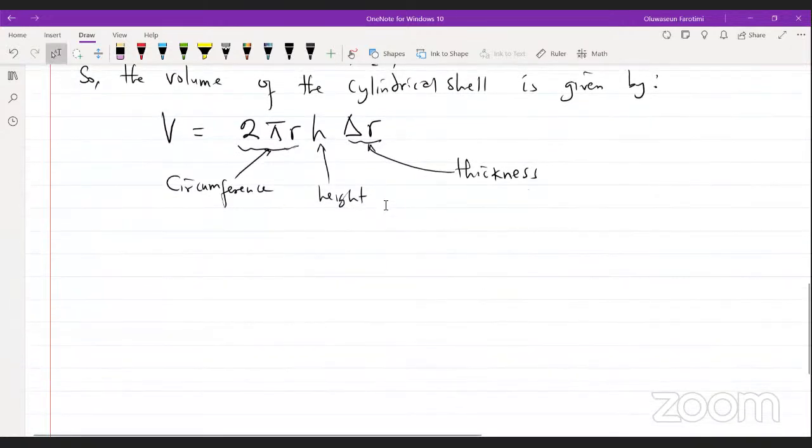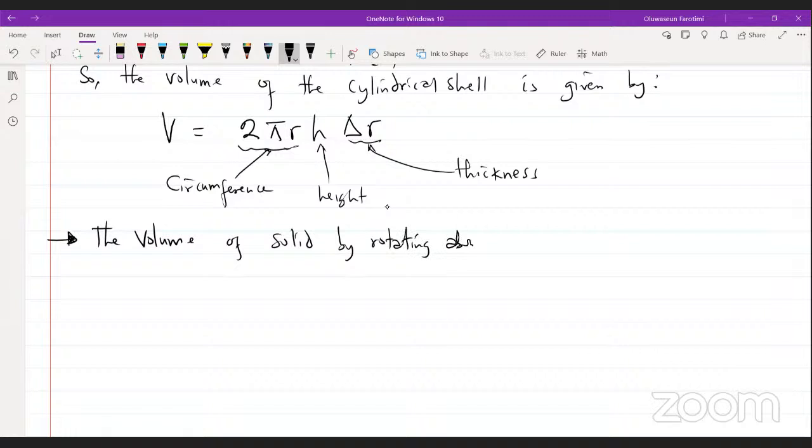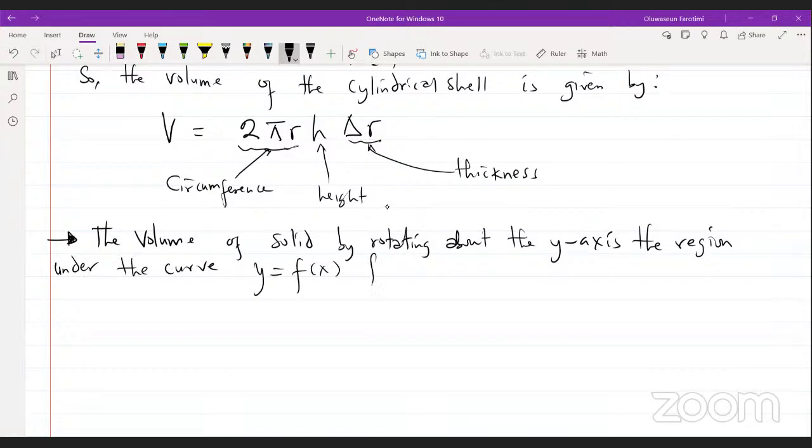Something else I want to write, guys. The volume of the solid obtained by rotating about the y-axis the region under the curve, what curve we have, this guy, from a to b, is given by, now there's no major difference, guys.